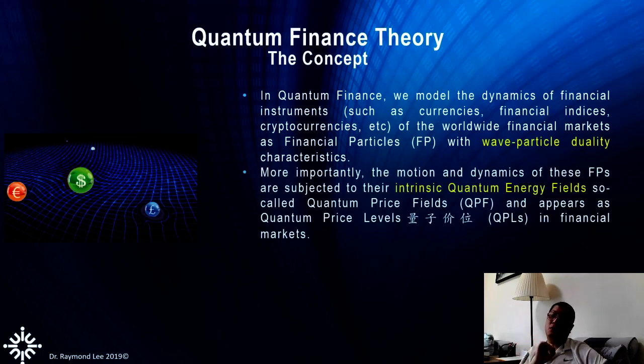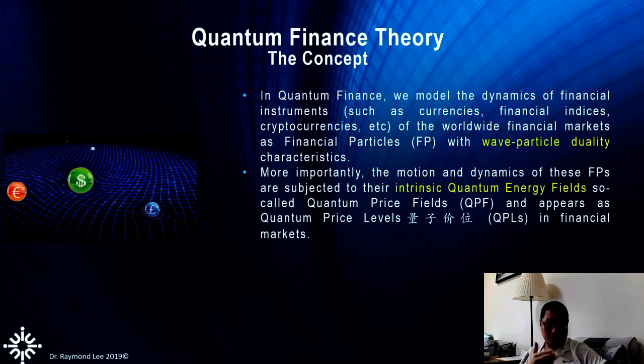So by doing this, of course, we can generate the formulation, for example, the Schrödinger equation, based on this direct analog. More important, the motion and also the dynamics of all these financial particles, or quantum financial particles, as I call them, are subject to their intrinsic quantum field, energy field, and we also call this the quantum price field.